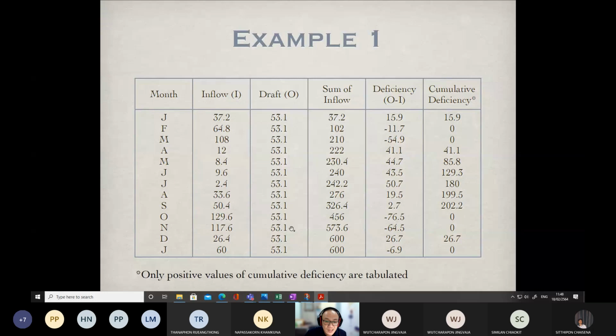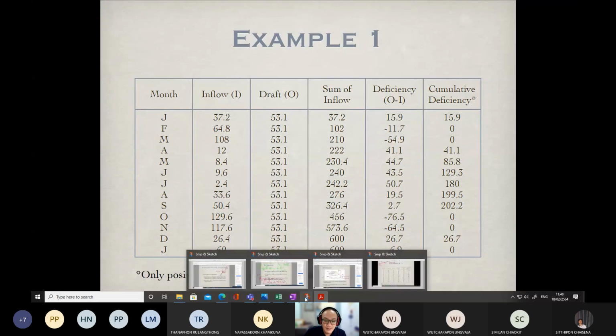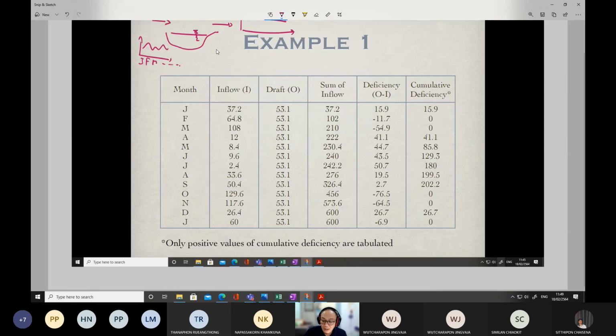So according to this, how can we determine the size of this reservoir? What should be the volume of this reservoir? Just imagine the reservoir. Water levels always vary, with a constant flow rate.